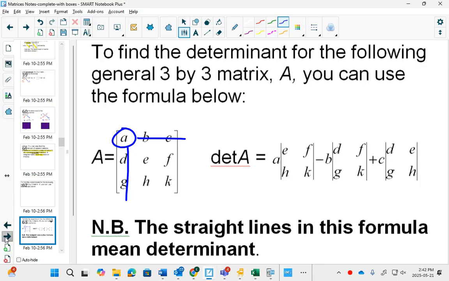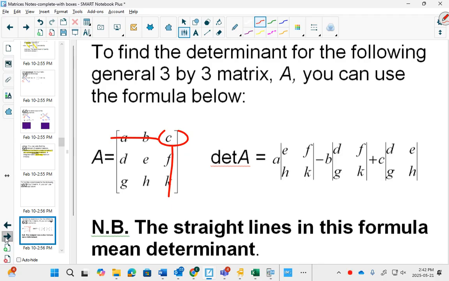Then you'd switch signs and subtract B, and if you got rid of everything that was in the rows and columns of B, and multiplied by the determinant of what is left, and then you would go to C, cancel everything out in that row and column, and multiply C by the term that's left.